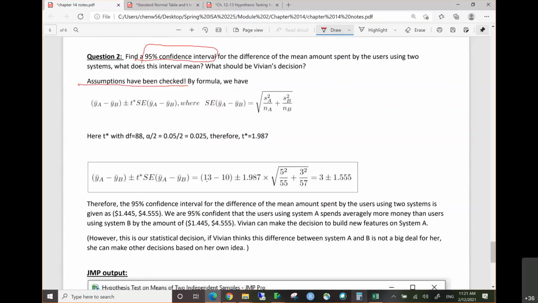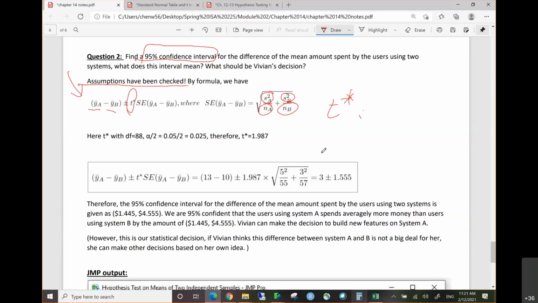Since in the last question we have already checked the assumptions, we can go directly to the formula. We have all the information: Y bar A, Y bar B, and the standard errors, which are S A, S B, N A, and N B. The only difference is we need to find the T star.